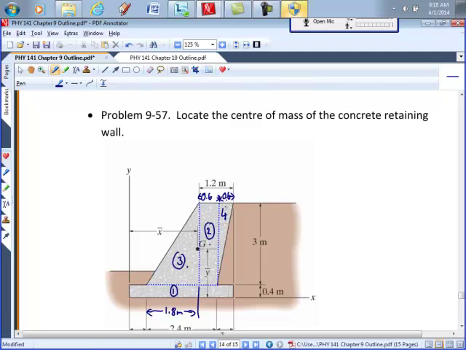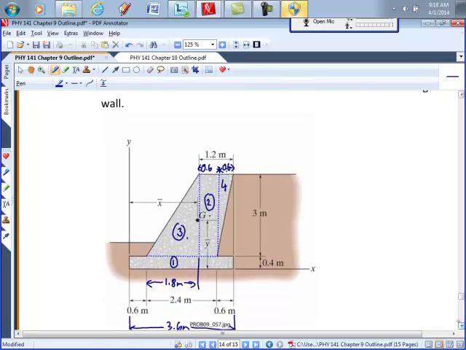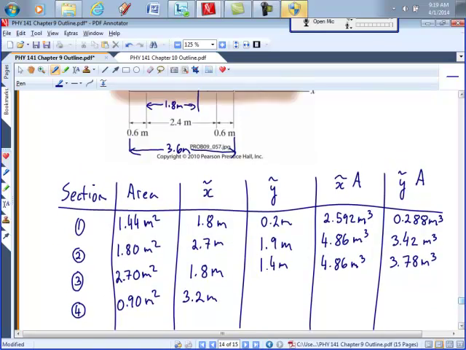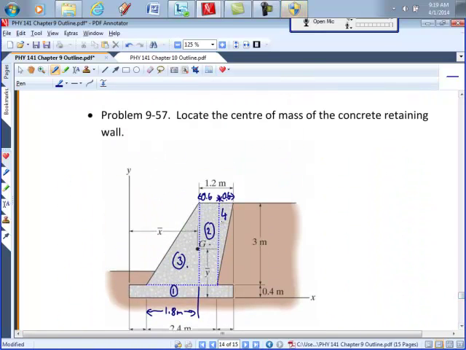So 0.2 meters from here, plus 0.6. 3.2, yeah. So 3.2 meters. And the y tilde is going to be 1/3 of the way down, which is going to be 1 meter from the top, which would be 2.4 from the bottom.